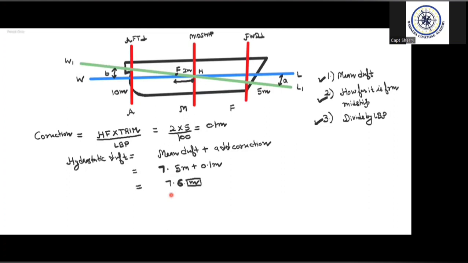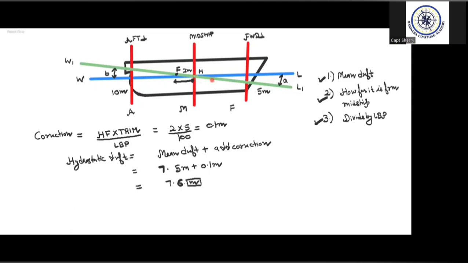Now, I just want to tell you one more thing, why I have added this correction. If you see the water line over here, and you see the midship draft, your center of flotation is lying 2 meters behind.